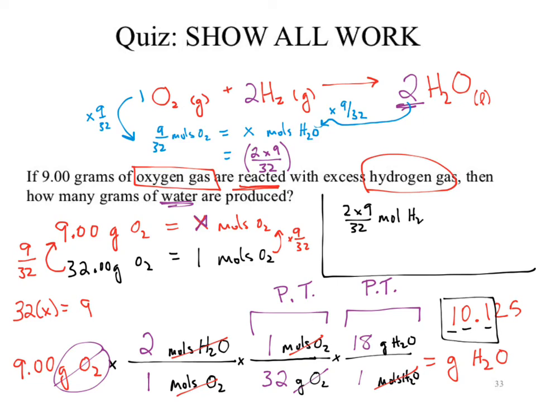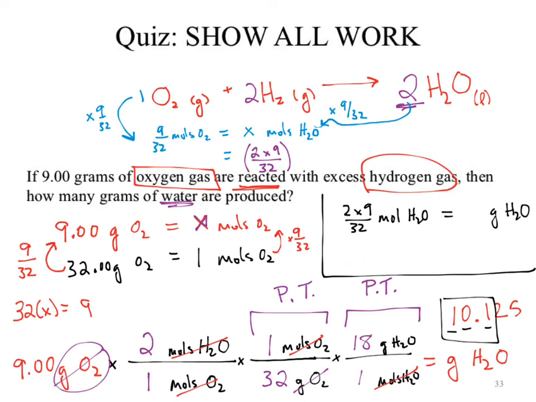Moles of H2O. What am I trying to convert the moles of H2O to? The grams of H2O. Where do I find the conversion factor between moles of H2O and grams of H2O? Periodic table, 18.